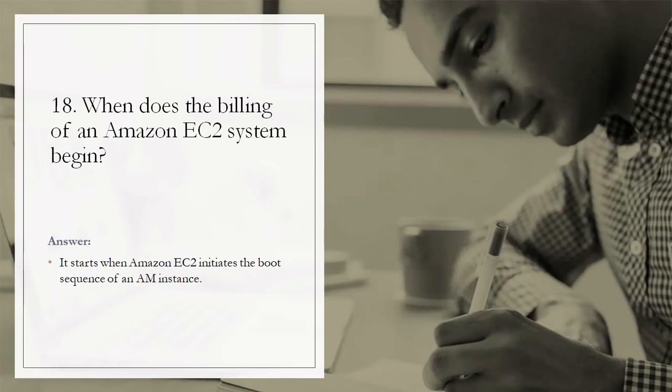Question number 18. When does the billing of an Amazon EC2 system begin? Answer is it starts when Amazon EC2 initiates the boot sequence of an AMI instance.